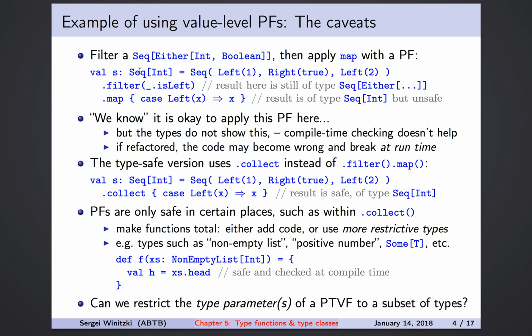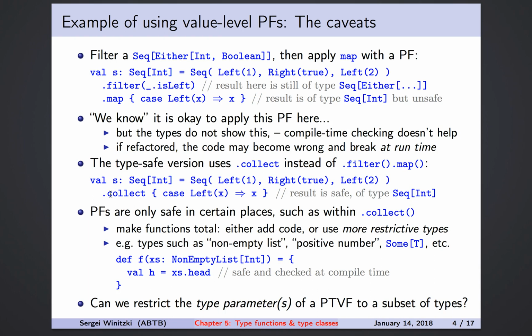The type-safe version of this code does not use filter and map. Instead of filter and map, you do collect. So collect is basically a safe version of filtering only those that fit into this partial function and then applying the partial function. Partial functions in Scala are a special type, and this type has a method to decide whether the partial function can apply to a given argument.